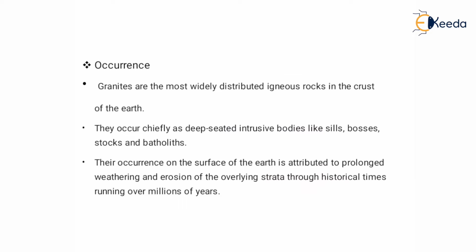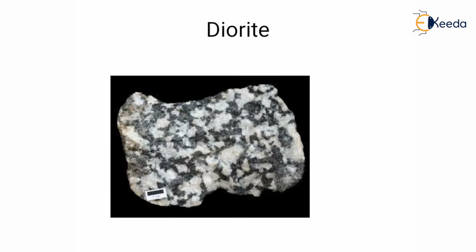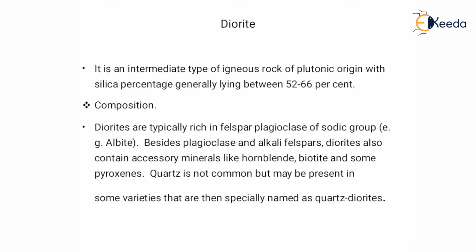See, this is the granite, and the next is diorite. Diorite also consists of large grains and appears very light in color, so it is leucocratic. The grains are well developed crystals, so it has a holocrystalline texture. Diorite is an intermediate type of igneous rock of plutonic origin, with silica percentage generally lying between 50 to 66%.